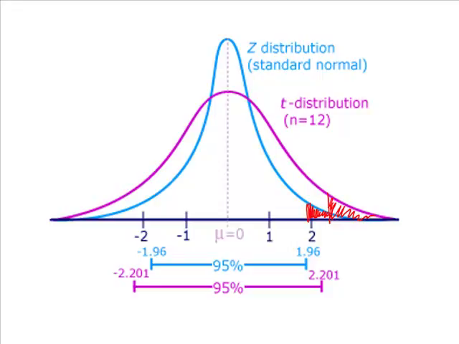Our blue Z has smaller variability, so it's narrower and taller. Our T distribution has more variability, which means it's wider and not quite as tall. When you squish down the distribution, it plumps up in the tails.